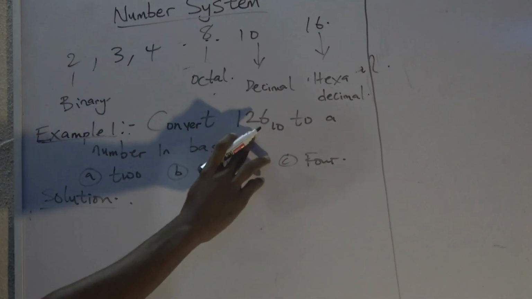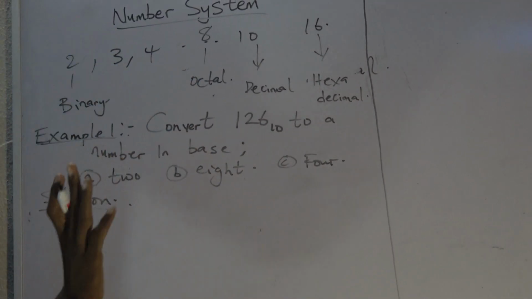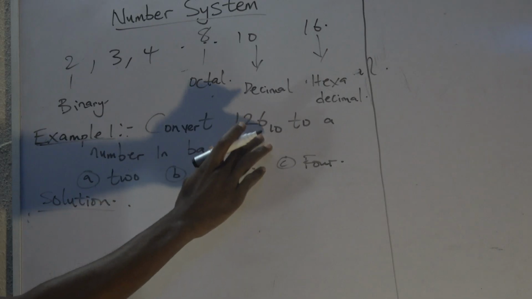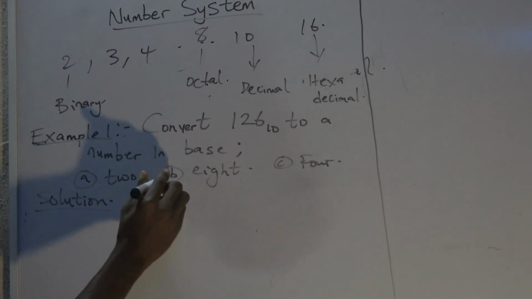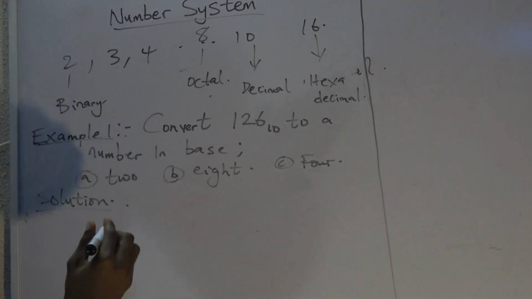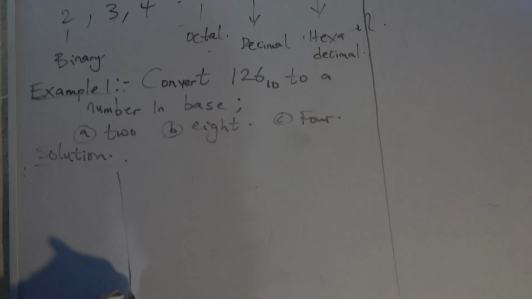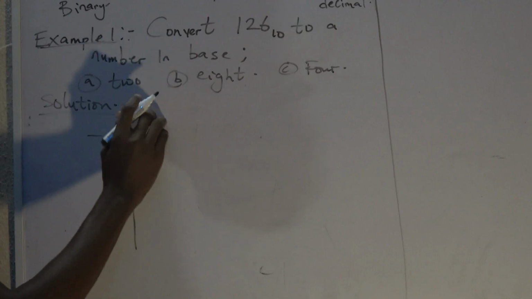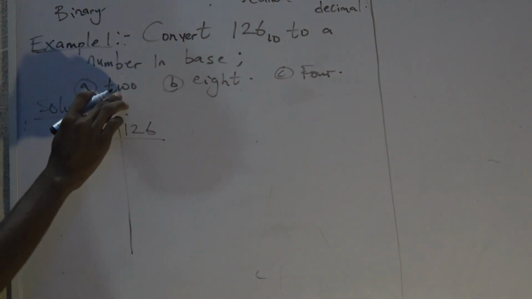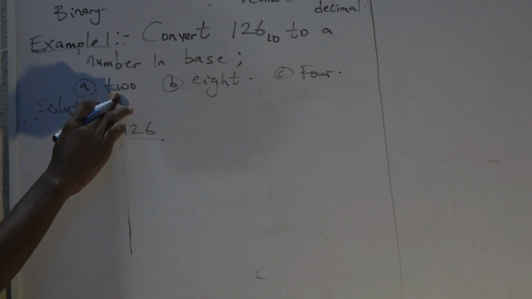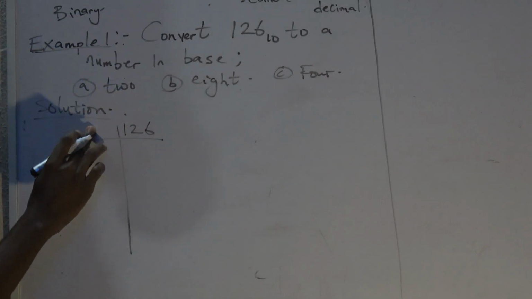Now, 126 base 10. Since you are converting from base 10 to another base, the first thing you need to do is draw a long division line. Then you write the 126 here, and you write the base you are converting to on the left hand side.